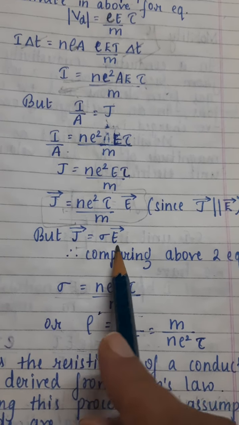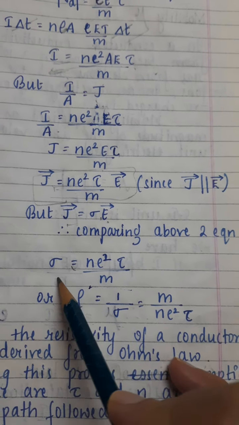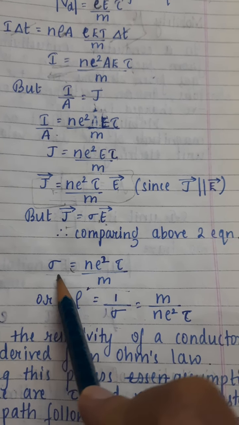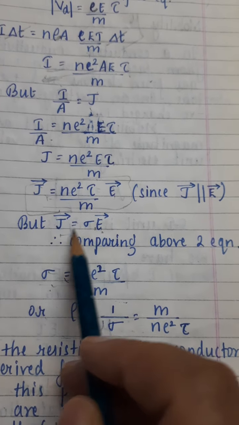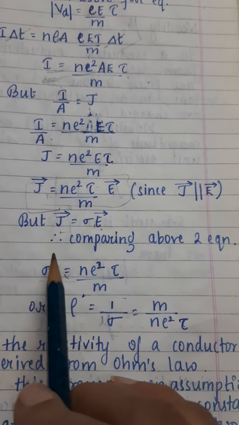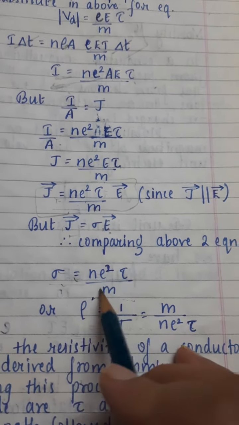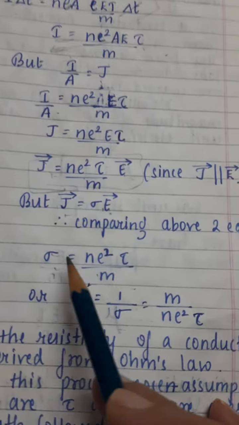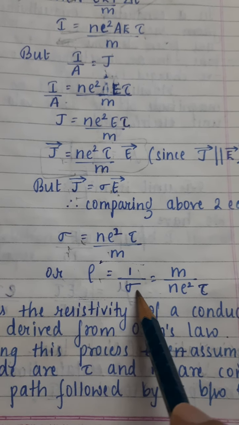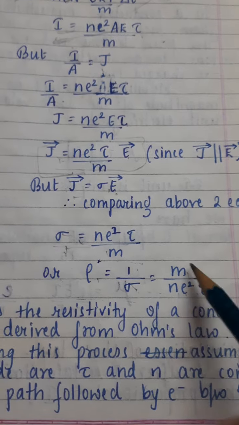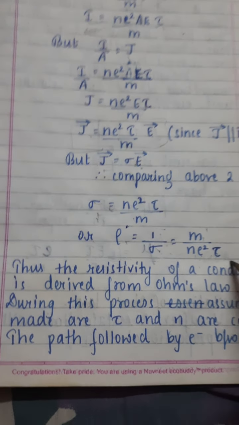J is equal to sigma E, that we know, so instead of J we put sigma E, then E cancels out, and the final result is sigma equal to n e square tau by m. If we substitute sigma as 1 by rho, it gets reciprocated, and the final formula is rho equal to m by n e square tau.